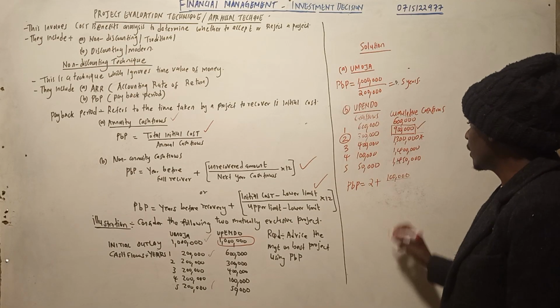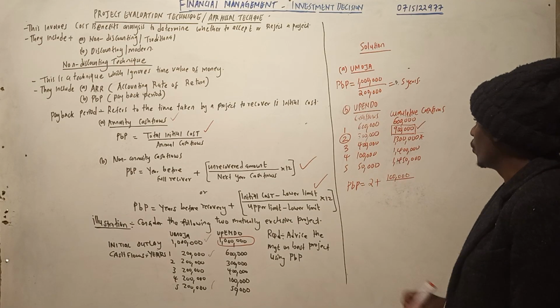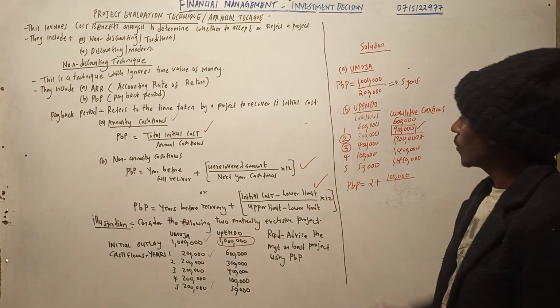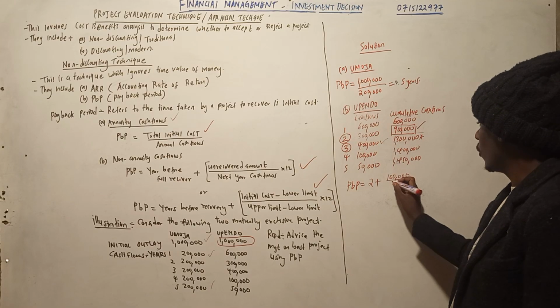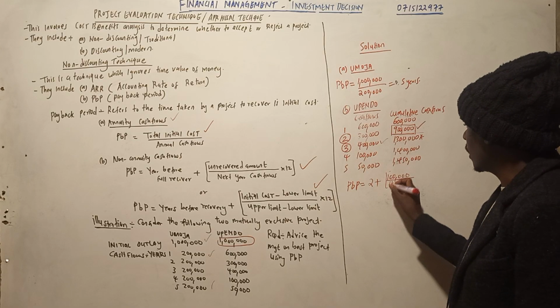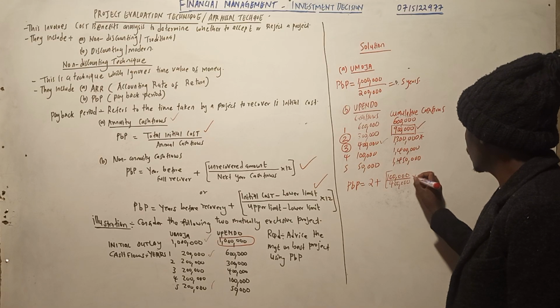You divide it by the next year's cash flow. The next year's cash flow is year 3, which is 400,000. And remember not to forget to multiply by 12.